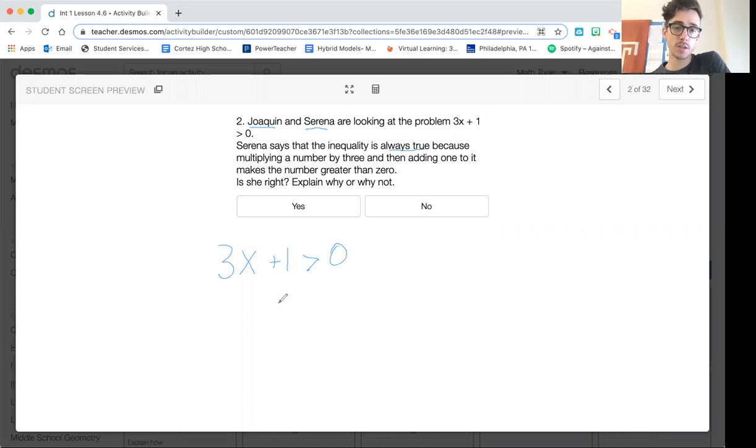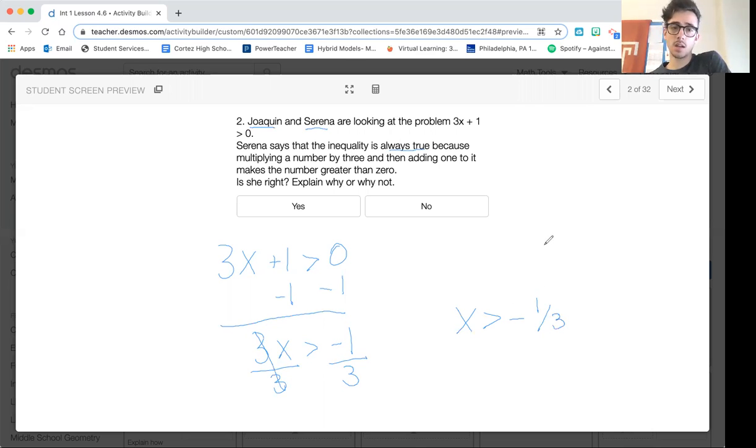Well, let's imagine we were going to solve this. We subtract 1, so 3x is greater than -1, then we divide by 3. This is claiming that x is greater than -1/3.